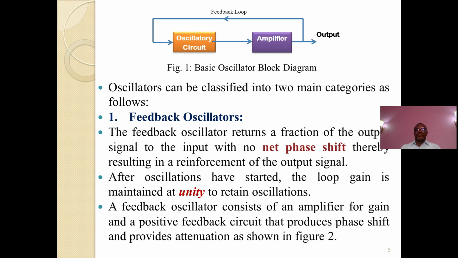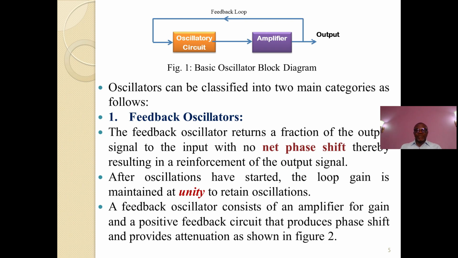So the first thing is that after oscillations have started, the loop gain is maintained at unity to retain oscillation. We have said there will be no net phase shift. I'm sure you know what phase shift is.